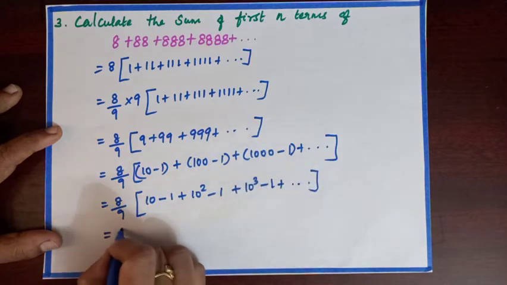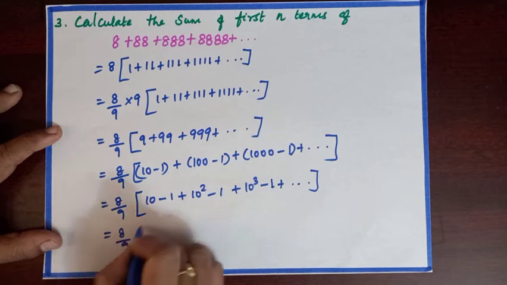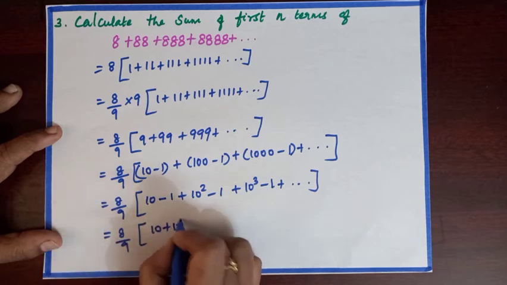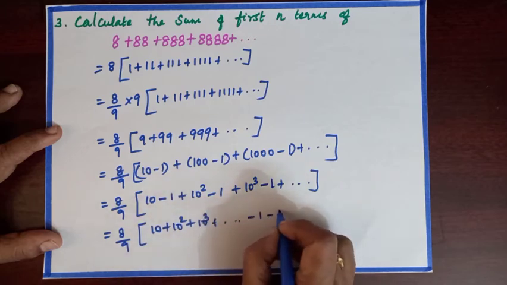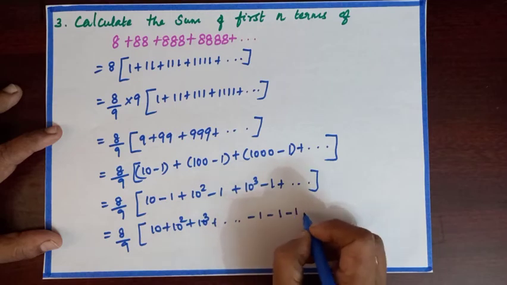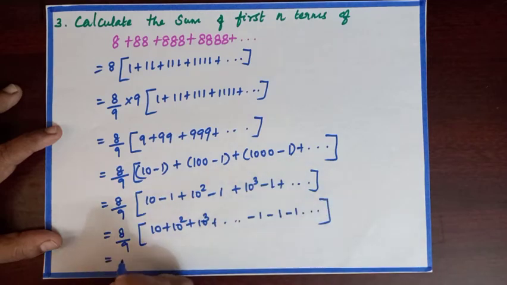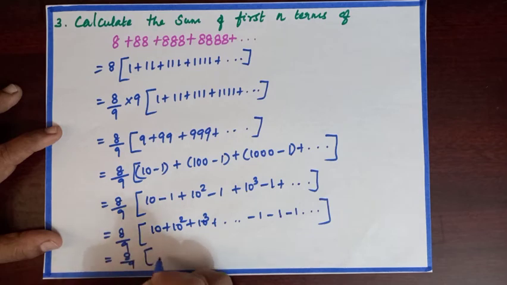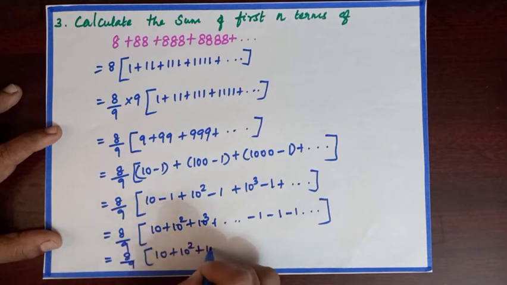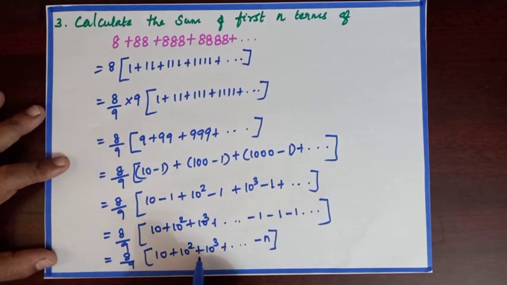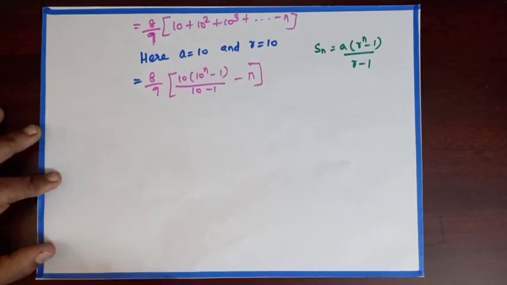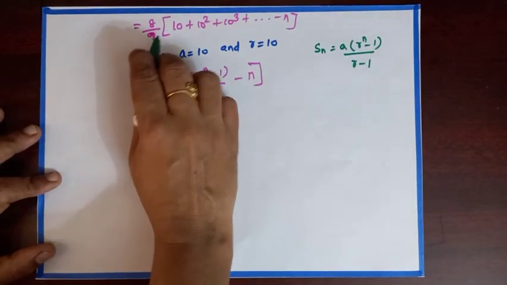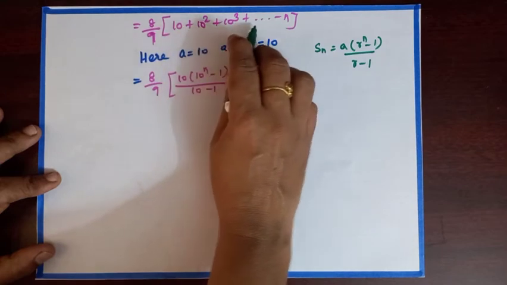I am going to rearrange this, which is equal to 8 by 9 into 10 plus 10 square plus 10 cube plus dot dot minus 1 minus 1 minus 1 dot dot, which is equal to 8 by 9 into 10 plus 10 square plus 10 cube plus dot dot minus n.